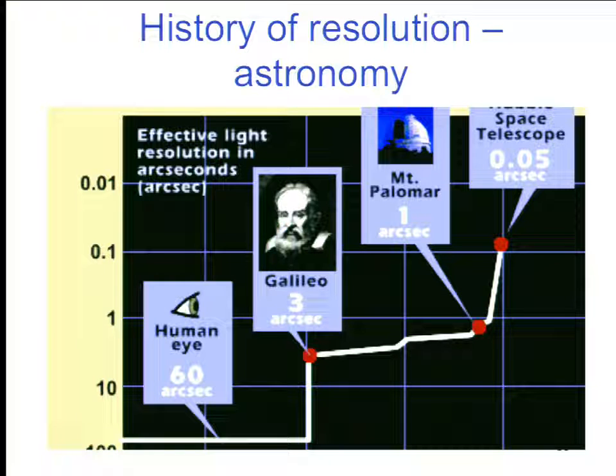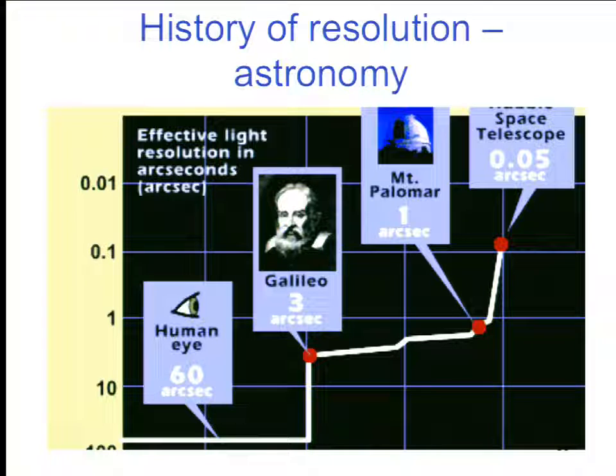It's only 3 times better than Galileo. The reason being that it's not the diffraction, it's not the spot size that's affecting the Palomar telescope. It's the scattering of the light in the air. Turbulence in the air kills the image.